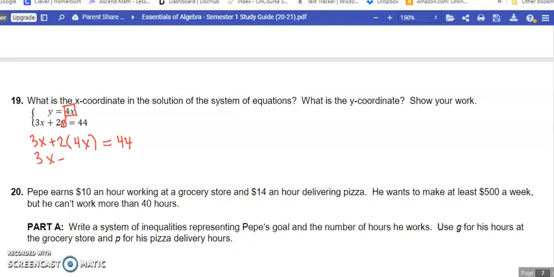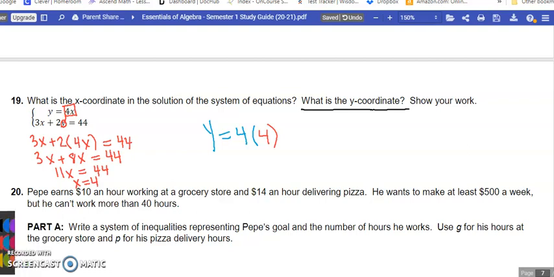So we have 3x plus 8x equals 44, which is 11x. And we divide both sides by 11, we get 4. So in our ordered pair answer, we'll actually ask for the y-coordinate, so we can just use that to find y. So y equals 4 times x, which happens to be 4. So y is 16.